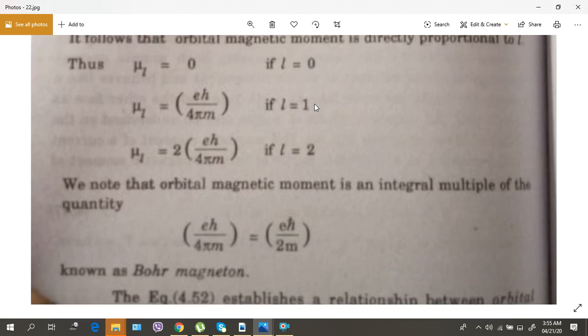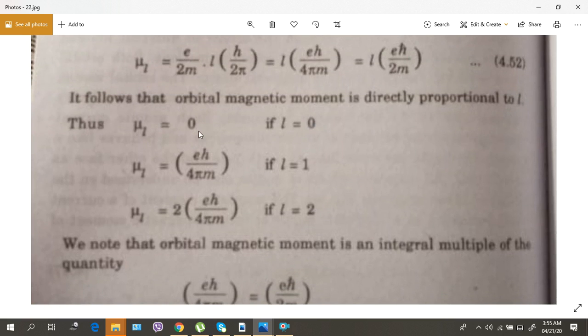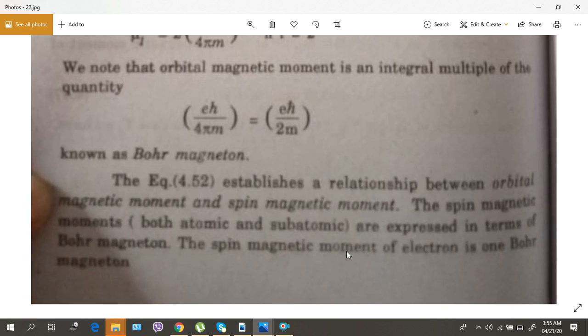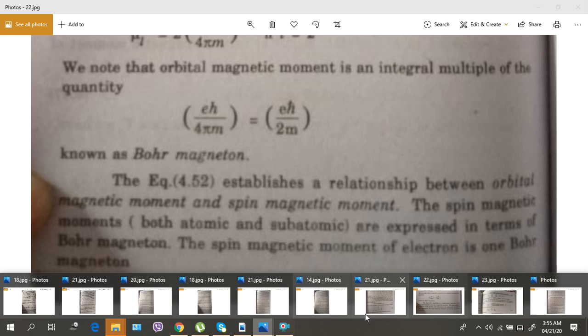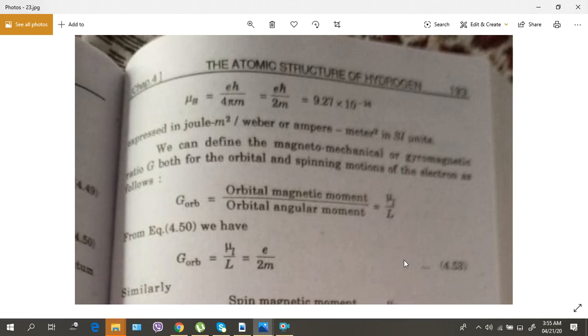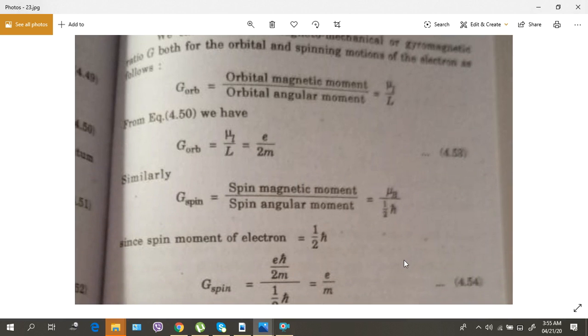It means that mu L changes when we have L equal to 0, L equal to 1, and L equal to 2. So the orbital magnetic moment is an integral multiple of a quantity, and that quantity is called the Bohr magneton. So mu L is equal to eh over 4 pi m, and mu B is also equal to eh over 4 pi m. This is the brief introduction of the magnetic moment and Bohr magneton.